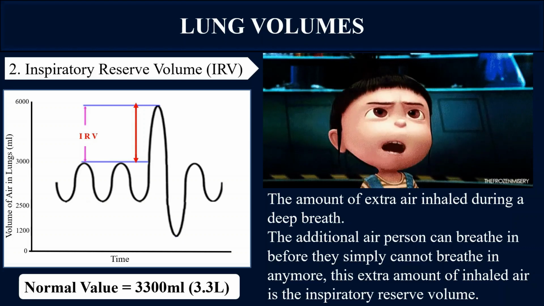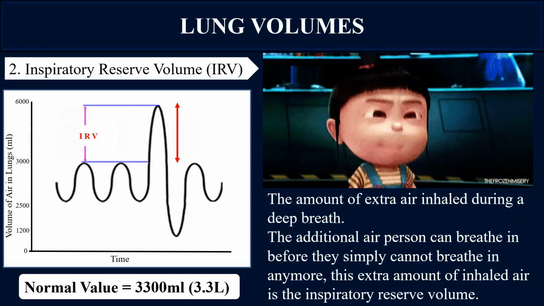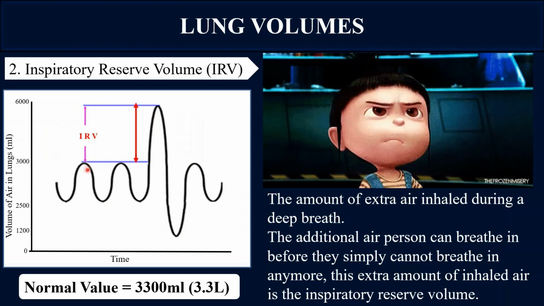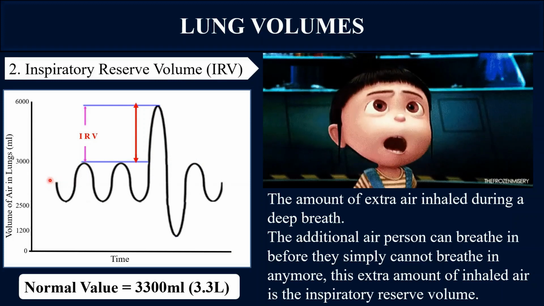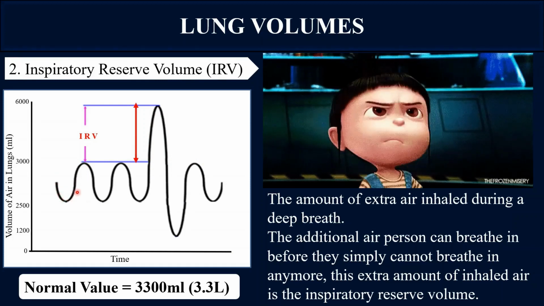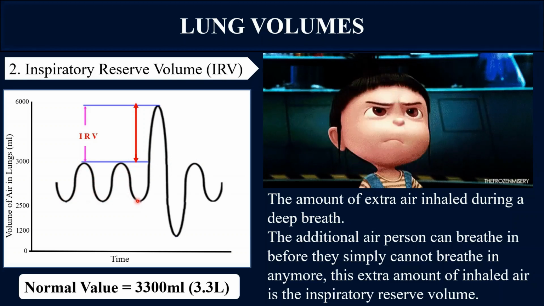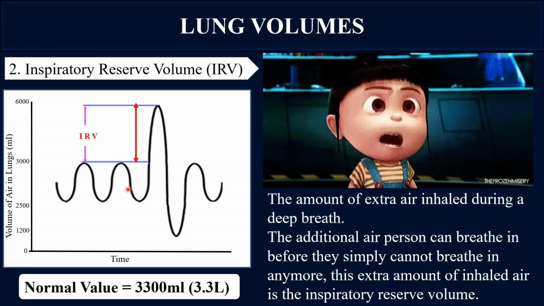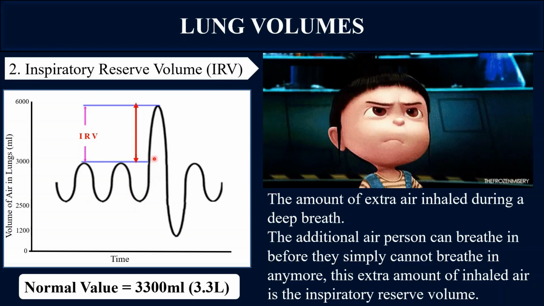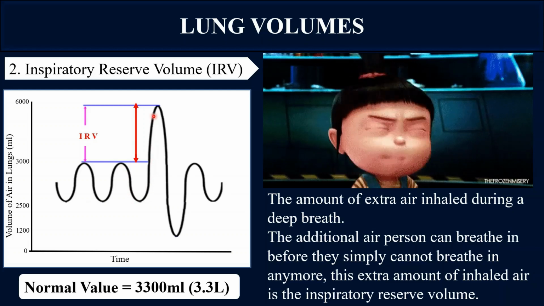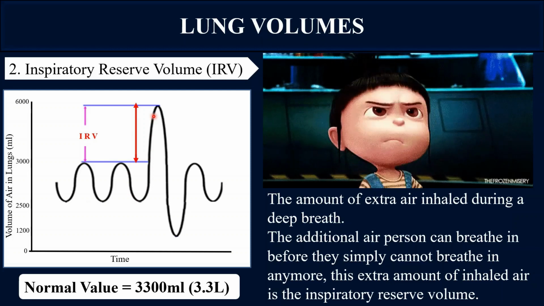If you see in the graph as shown here, as I already described, this is the normal breathing, the normal inhalation and exhalation. When the person forcefully inhales to the maximum, that is how much maximum air the person can take into their respiratory system.